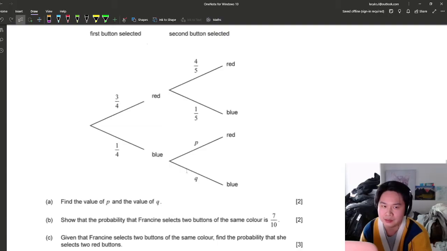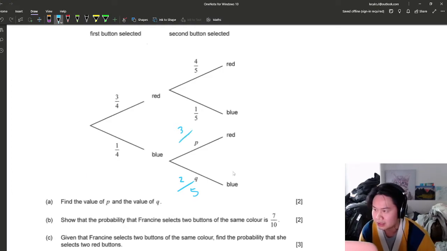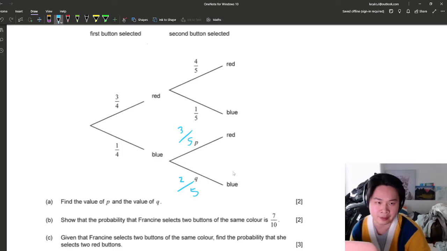But then she puts another blue one in the bag, so now there are 2 blue buttons and 5 buttons altogether. There are still 3 red buttons because she hasn't changed them, but there are now 5 buttons altogether from the second blue one that she put in the bag after she picked the first one.